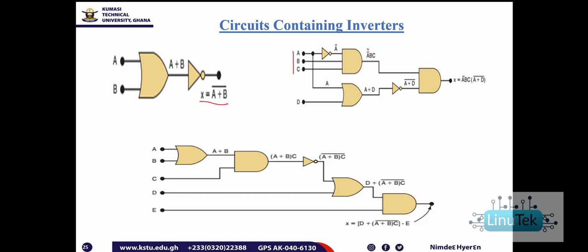You have A bar BC. And then similarly, wherever there is a NOT gate, the input to the NOT gate is inverted.